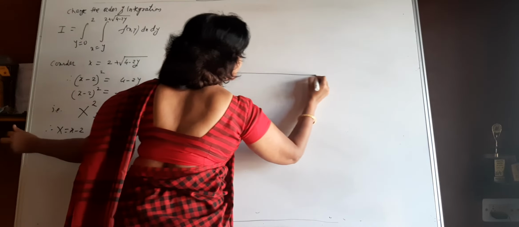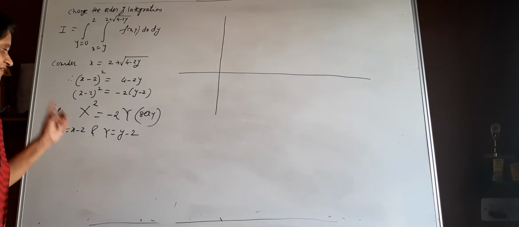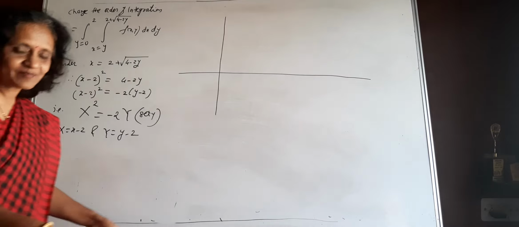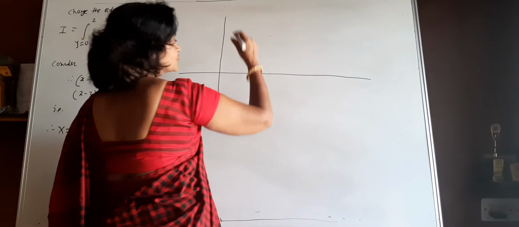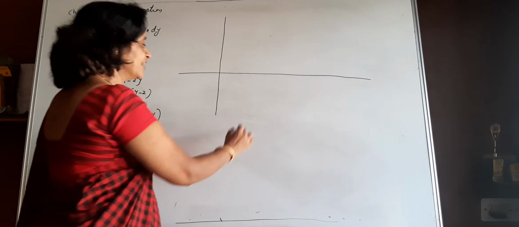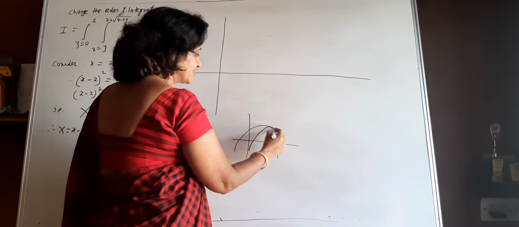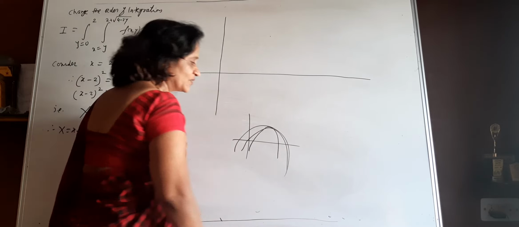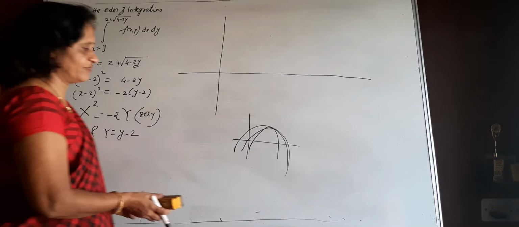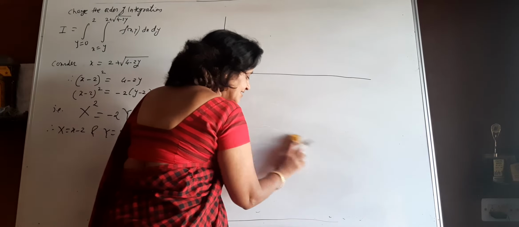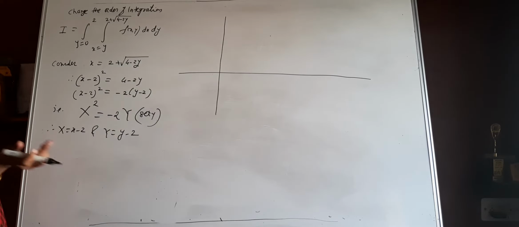So first I will sketch this. We found out it's a downwards parabola. Vertex is 2, 2. Let's have 2, 2 somewhere here. Now a very important question. You know this is the vertex. Is it this type, is it this type, or is it passing through the origin? When your origin is there, you must be careful whether the origin lies on the curve or not. And you know how to check.